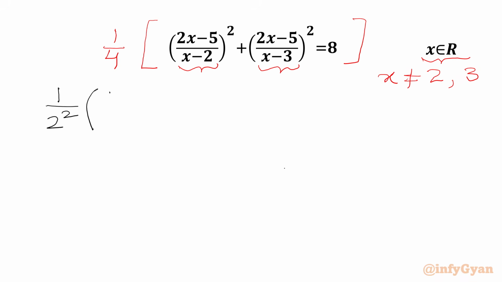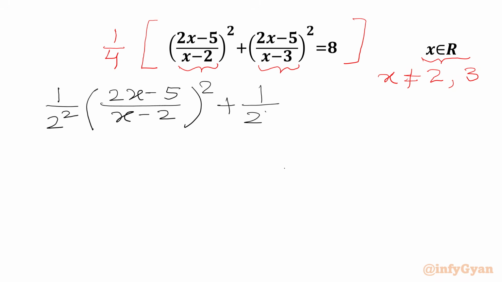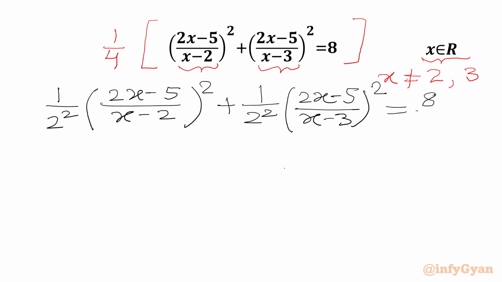We'll multiply the first term of LHS, 2x minus 5 over x minus 2 whole square, then we'll write 1 over 2 square. 2x minus 5 over x minus 3 whole square equal to 8 over 4, which will be equal to 2.